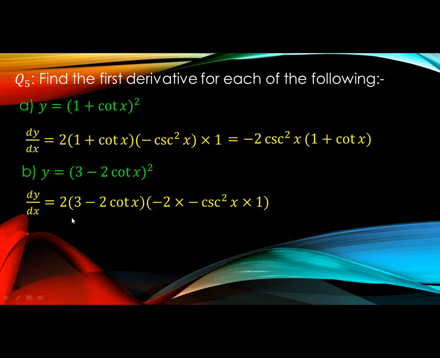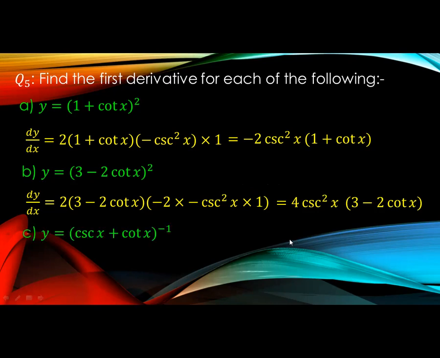So the result will be 2 multiplied by (3 minus 2 cotan x) times the derivative of negative 2 cotan x, which is negative 2 multiplied by negative cosec square x times 1. And we can simplify this result to become 4 cosec square x multiplied by (3 minus 2 cotan x).